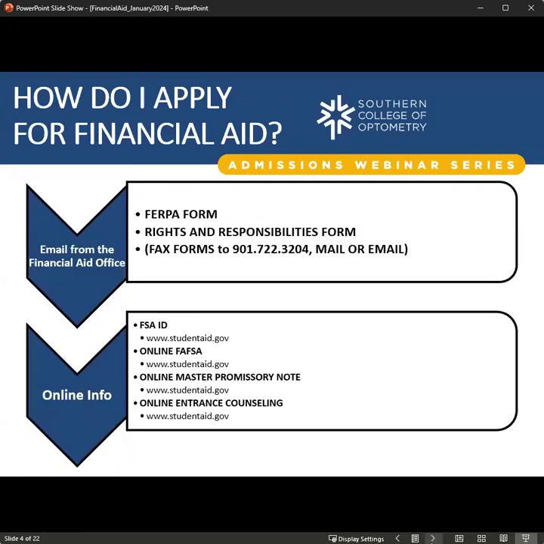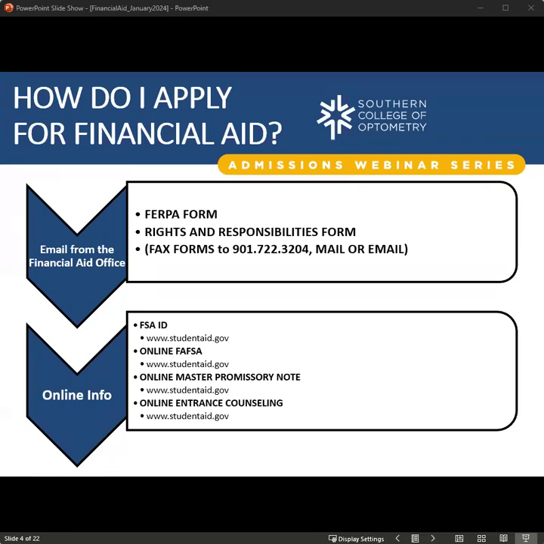So there are some forms that are very important that you will need to complete. One is FERPA, the Family Education Rights and Privacy Act. That form allows you to determine who can receive your information. If you want your parents to have access to your financial aid information, you will need to complete that form and list who you want to receive the information.